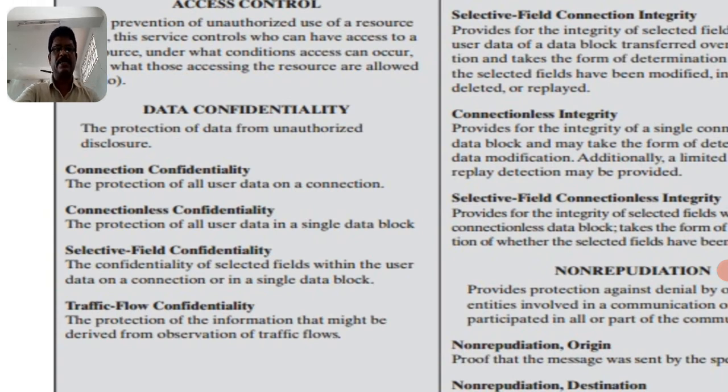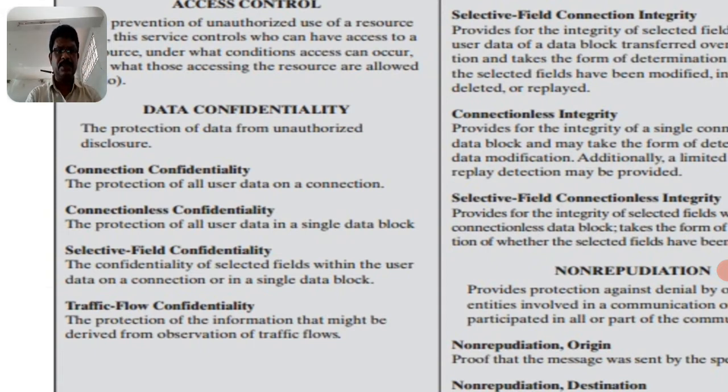The protocol requests to establish the connection to the proper destination. Here, in connectionless confidentiality, the protection of all user data, incoming and outgoing messages, in a single data block is considered, and it provides the security.